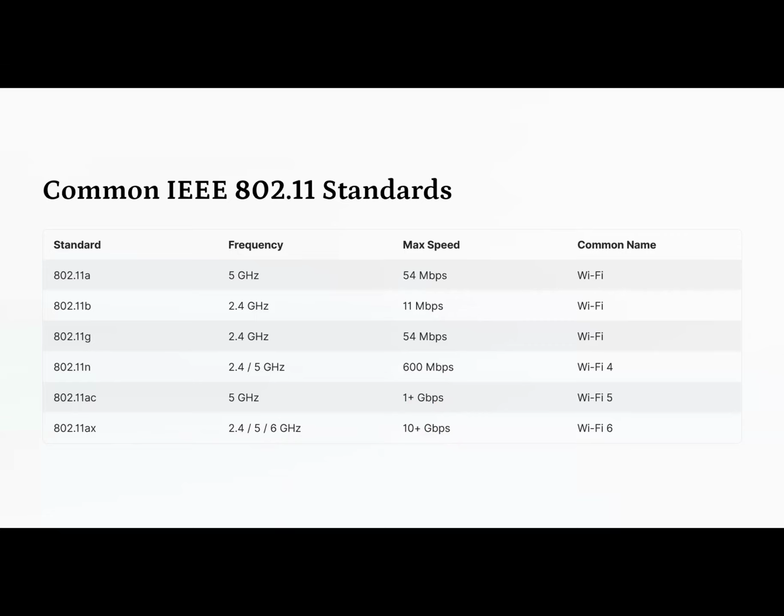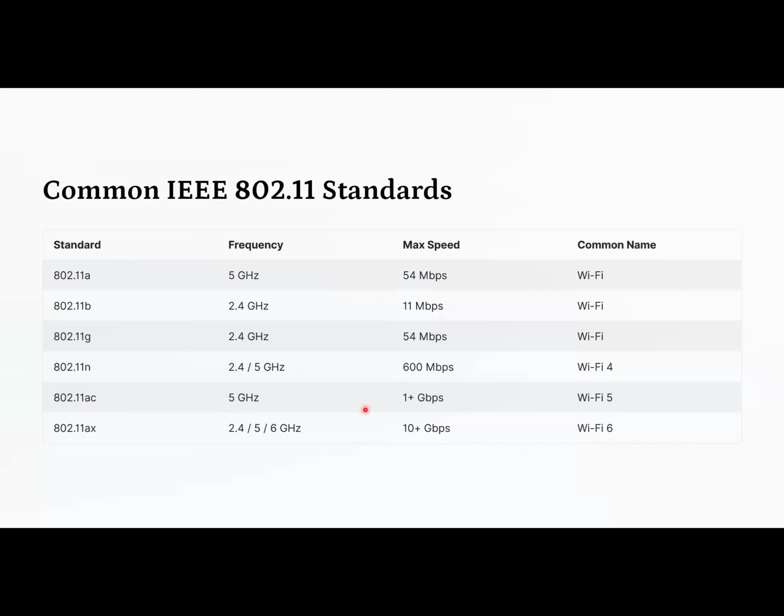Right, so the ACs operate exclusively on the 5 gigahertz, and they are able to deliver gigabit-level speed. And it is optimized for high bandwidth applications like HD video streaming and large file transfer and so on.